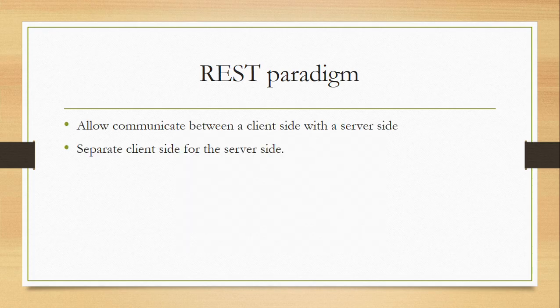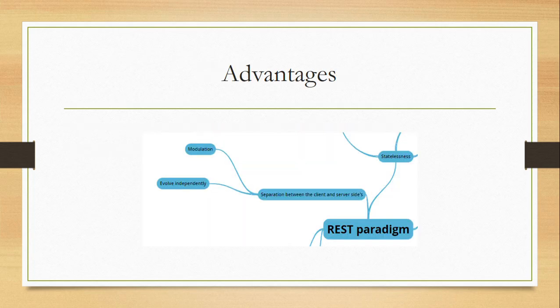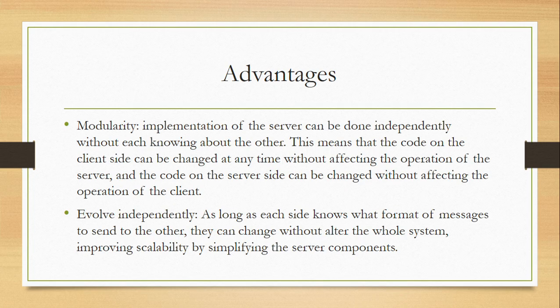That means that we can separate the client side from the server side and allow us to connect them. The advantages are the modularity, and that the client and server side can evolve independently. The modularity is the implementation of the server that can be done independently without each knowing about the other.